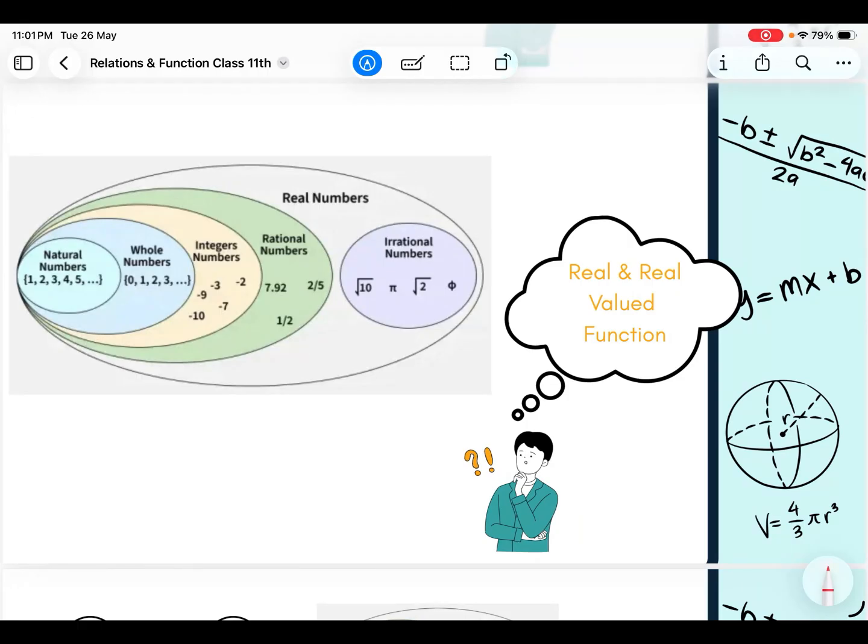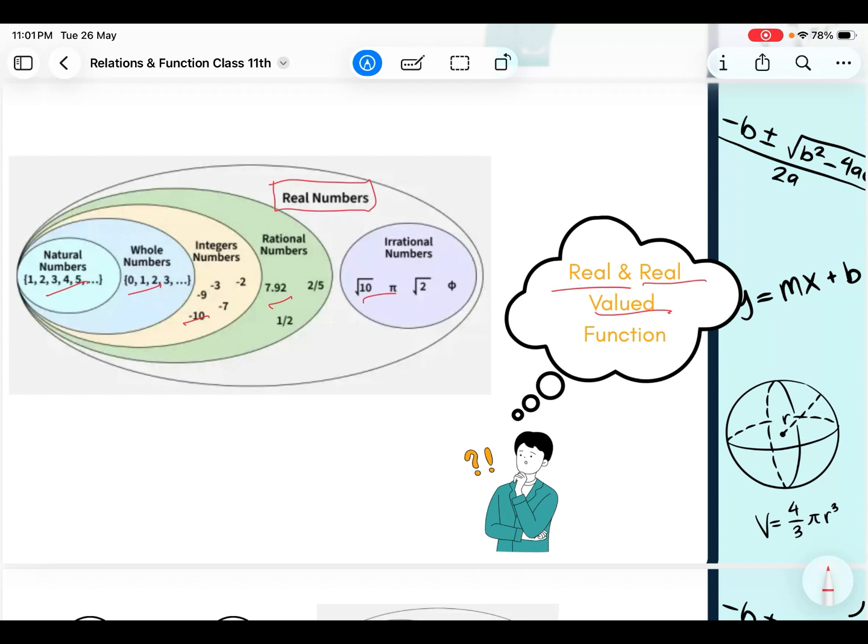Before we start to understand what is real or real valued function, keep in mind that we are talking about the real numbers. And what is a real number? Real number is any number that you can imagine. Okay, that is a real number.